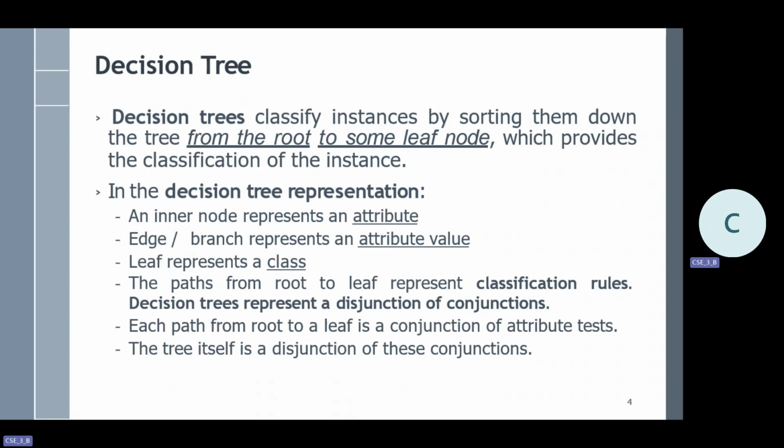We will see in the example what exactly this means. Each path from root to leaf is a conjunction of attribute tests. The tree itself is a disjunction of these conjunctions.